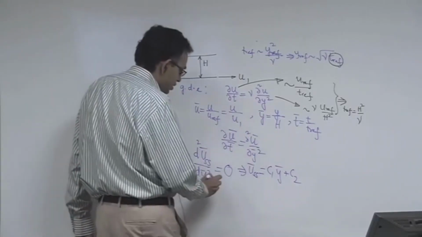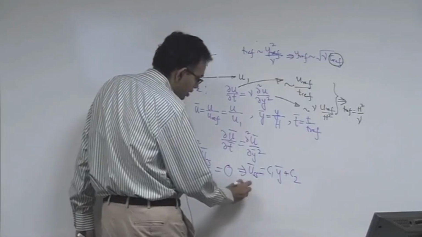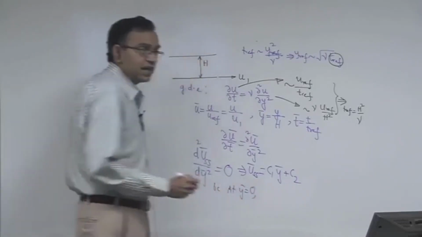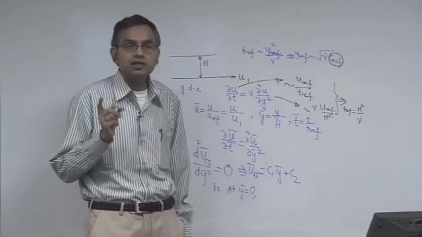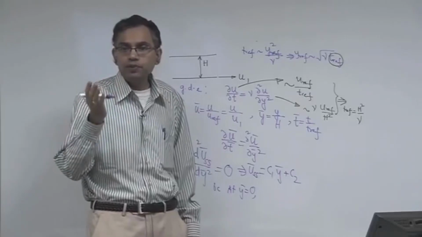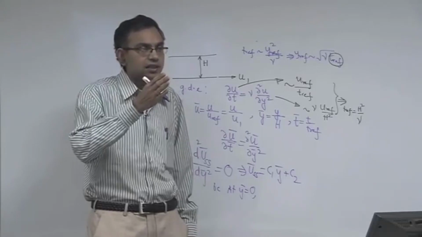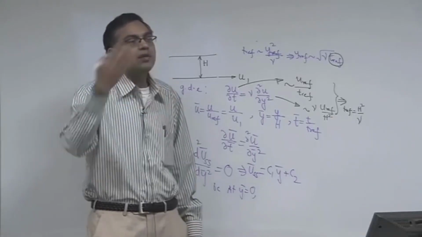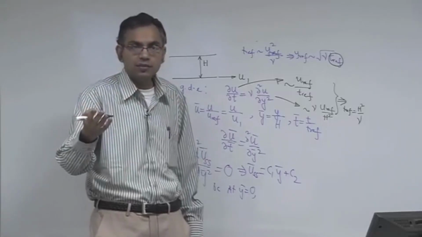The boundary conditions: see, the steady state boundary conditions should be the actual boundary conditions. Why? You might argue that I will dump the actual boundary conditions onto the unsteady state and make the steady state boundary condition something different from the actual boundary condition, but that you cannot.